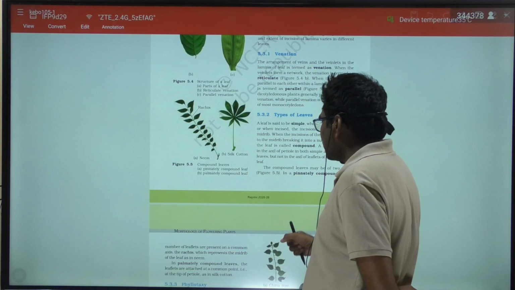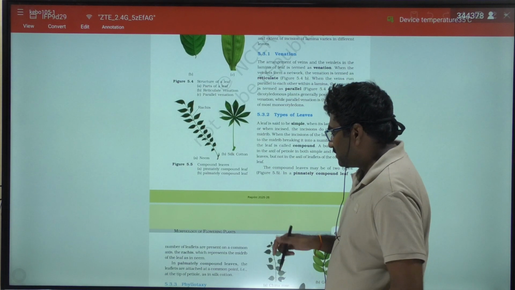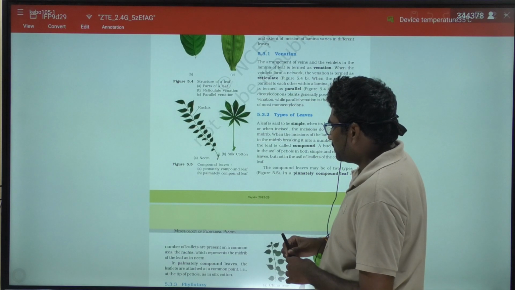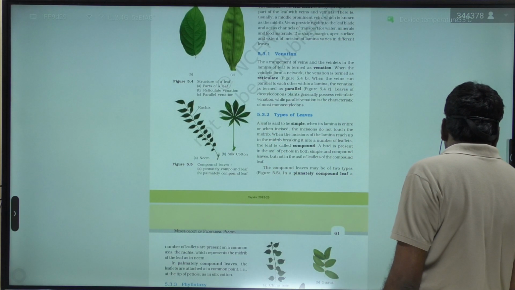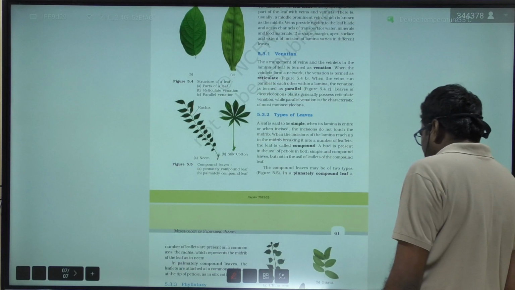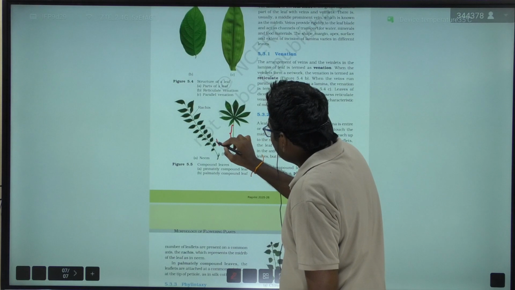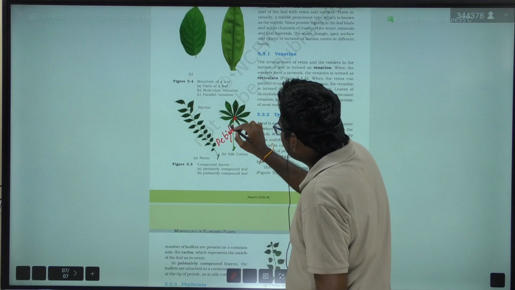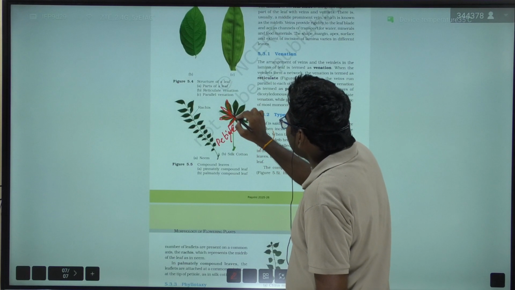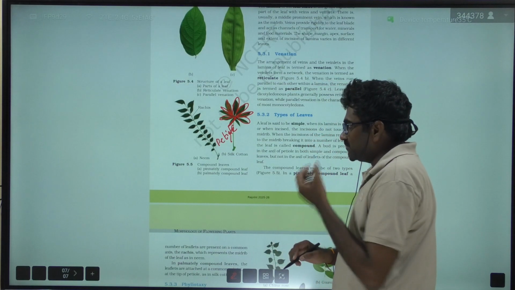And next, another one is the palmately compound leaf. Very important. In a palmately compound leaf, the leaflets are attached to a common point, that is at the tip of the petiole. So this is the petiole, and at the tip of the petiole, a number of leaflets are arranged. This is known as the palmately compound leaf.